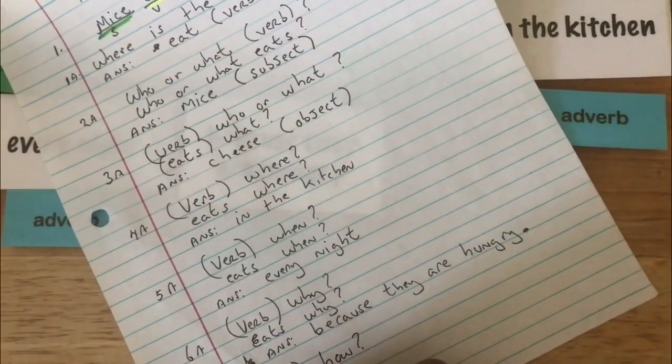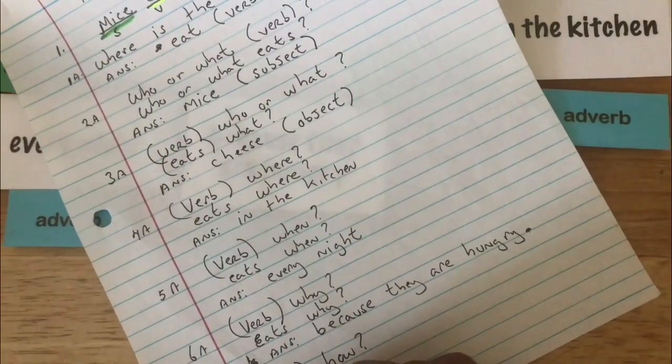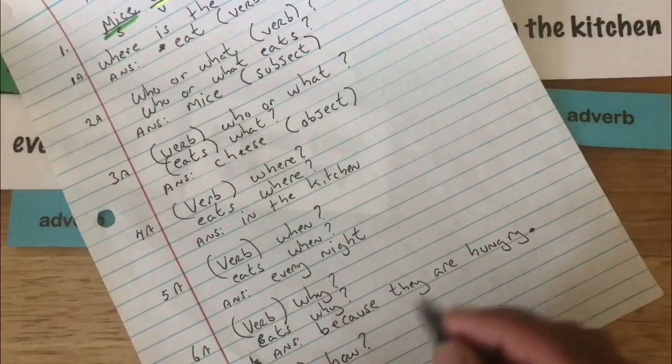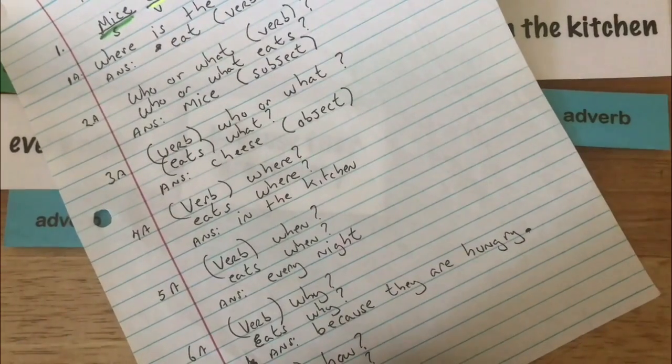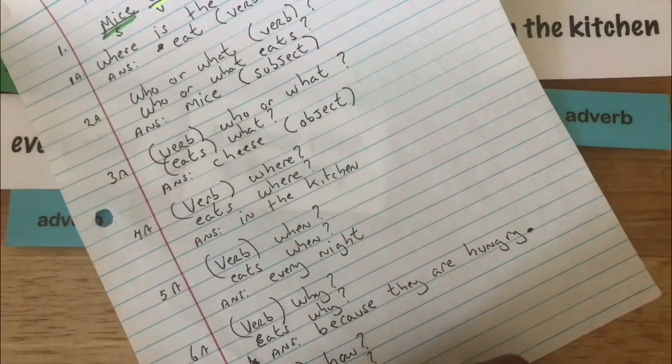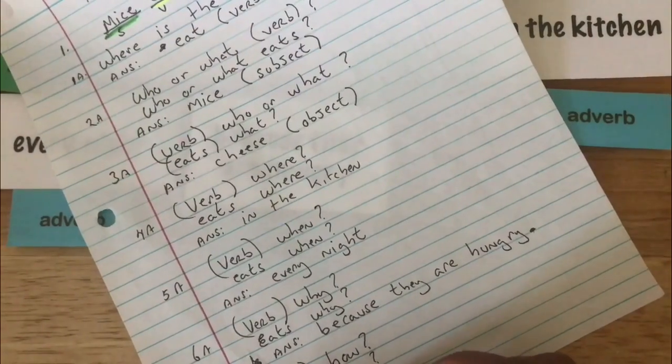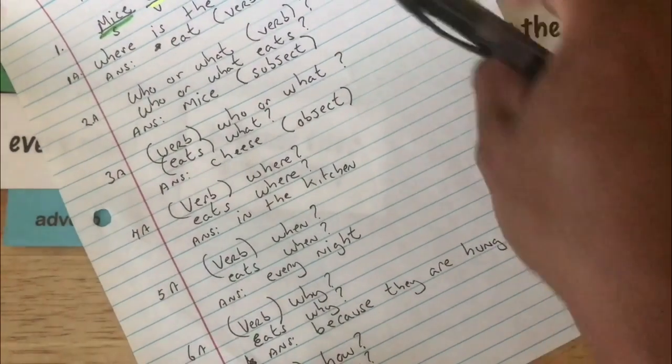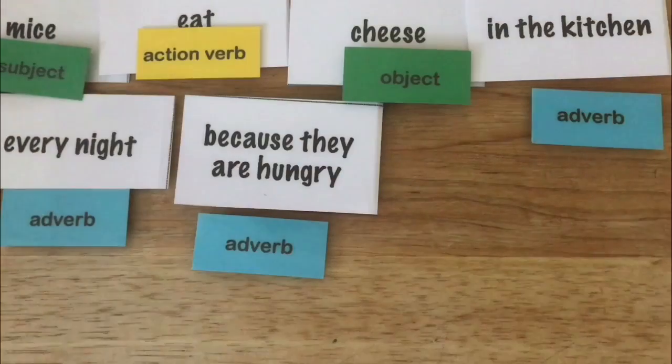Verb how. And again, I'll write out my verb. Eats how. And the answer would be, I guess if they're hungry, they would eat it what? Quickly? I think so. Right? Quickly. So that's another adverb because it answers a blue question.